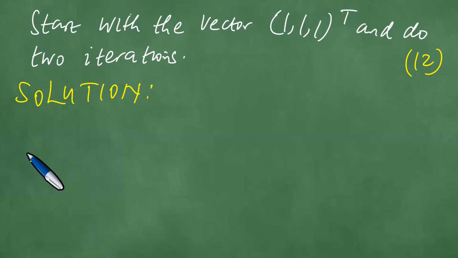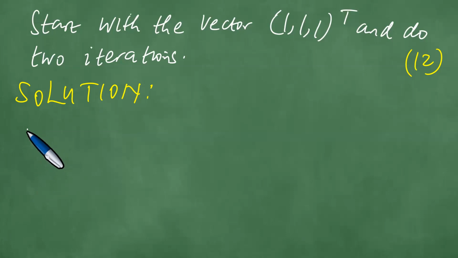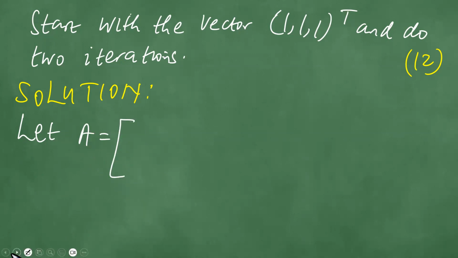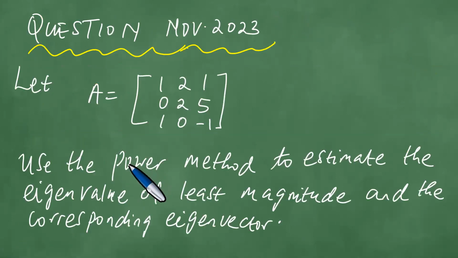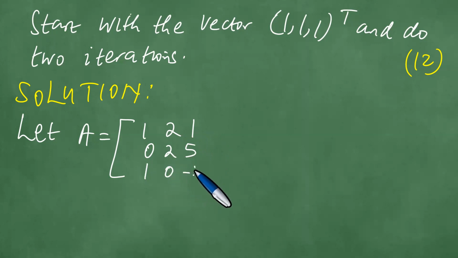Right, so we have the matrix A. It is exactly this one, the 1, 2, 1, and so on; 0, 2, 5; 1, 0, minus 1.